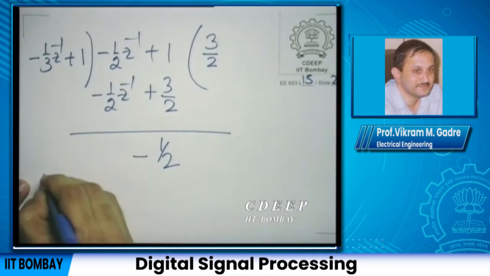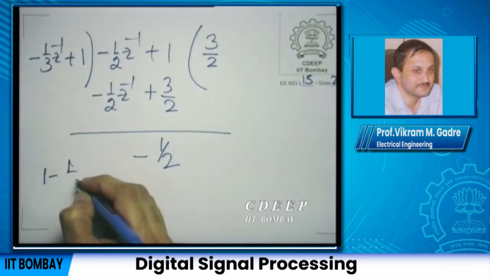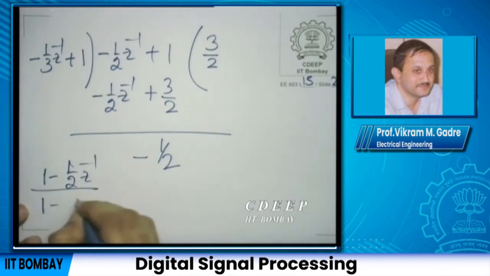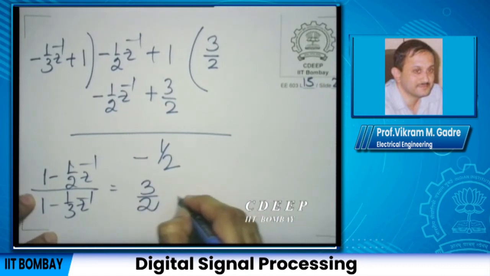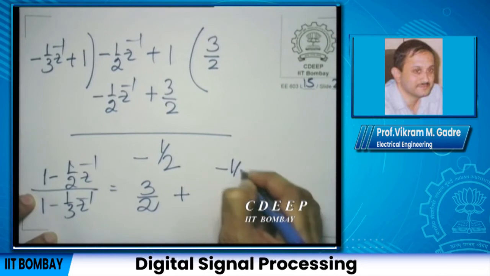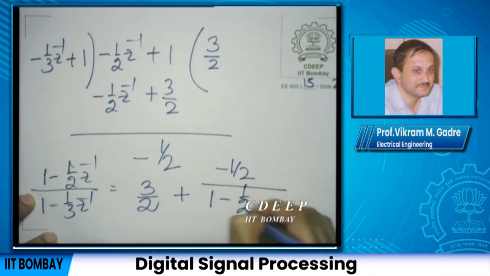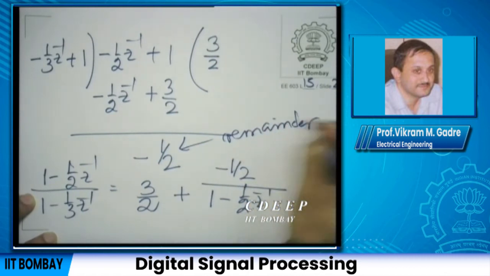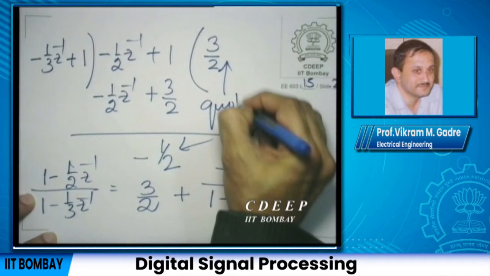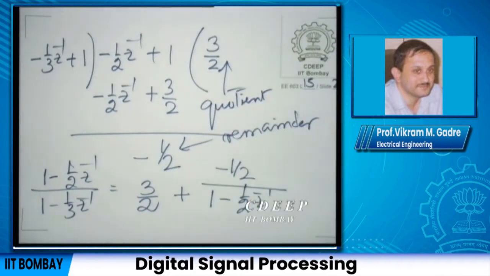So, therefore, 1 minus half z inverse by 1 minus 1/3 z inverse is 3/2, this is the finite series, plus minus half divided by 1 minus 1/3 z inverse. So, this is now the remainder and this is the quotient. I intentionally illustrated both forms of long division here to distinguish between the one that is useful here and the one that is not.